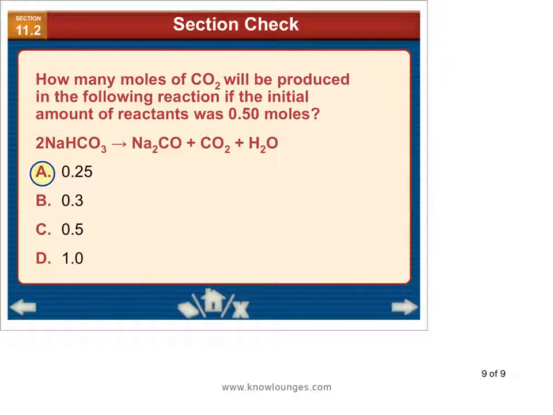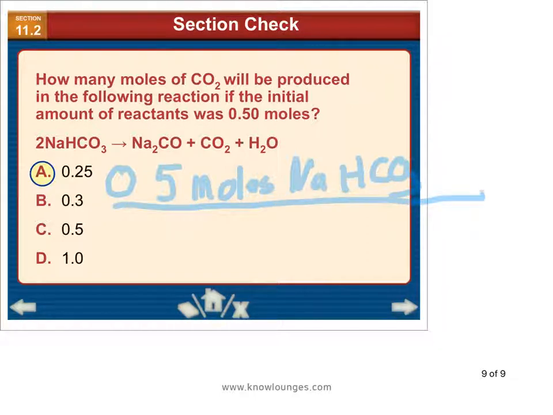So we've got 0.5 moles of the NaHCO3, and we use a little molar conversion. We want to know how many moles of CO2 from our equation.